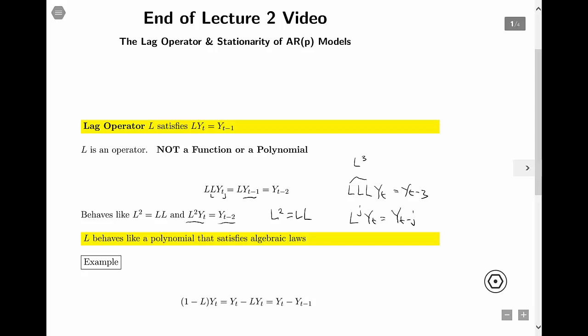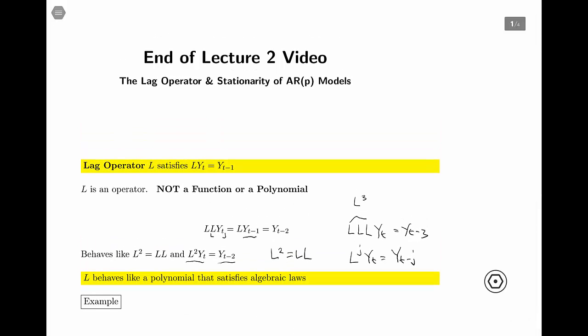So the benefit of the lag operator is that it allows us to write these ARMA models in what we call their lag operator form. It allows us to write very general models in a very succinct way. To give a simple example, take the AR(1), which by definition is yt equals mu plus psi1 yt minus 1 plus epsilon t. We can rewrite this using the lag operator, since psi1 yt minus 1 is just psi1 L of yt.